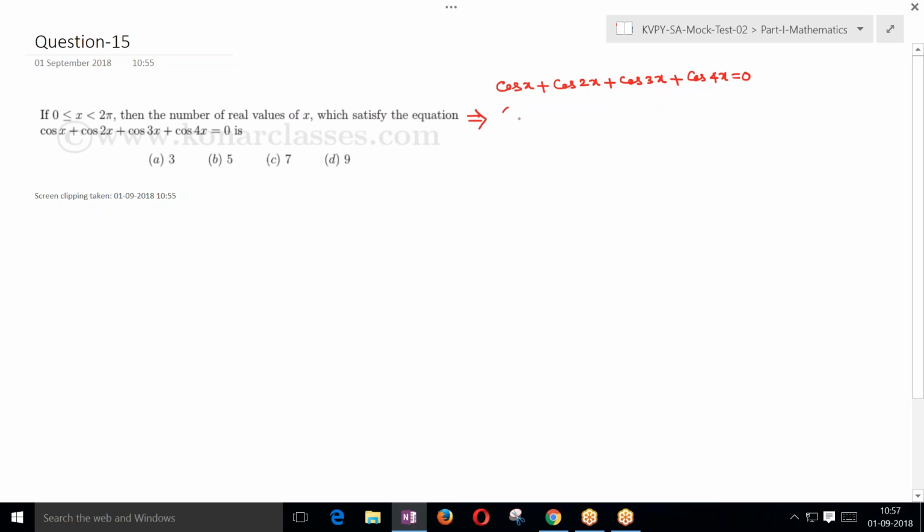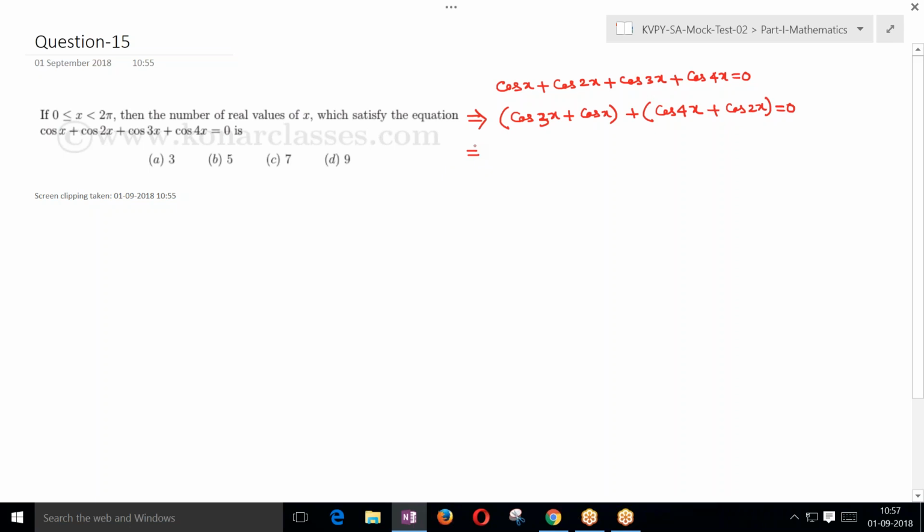From here we get cos of 2x plus cos x plus cos of 4x plus cos of 3x plus cos x. So this should be cos of 3x plus cos x, and cos of 4x plus cos of 2x, that is equal to 0.